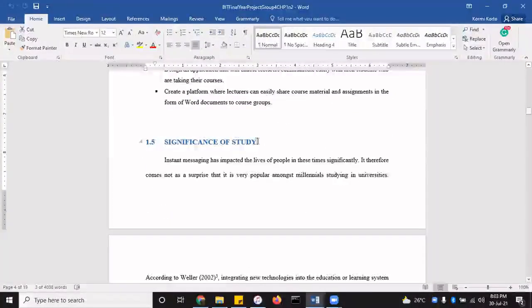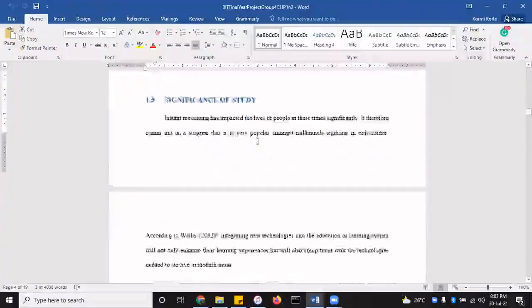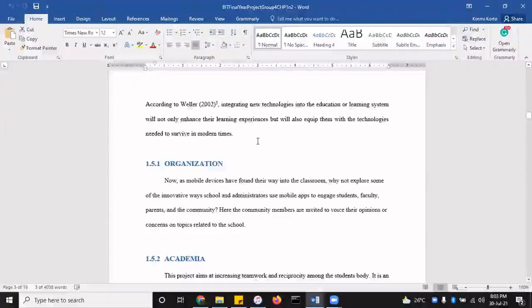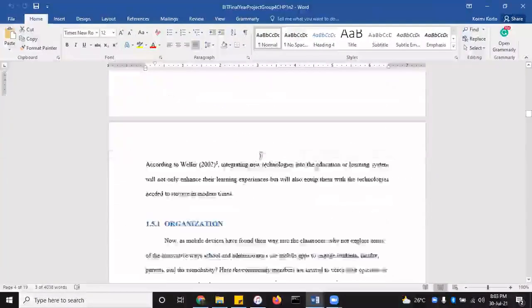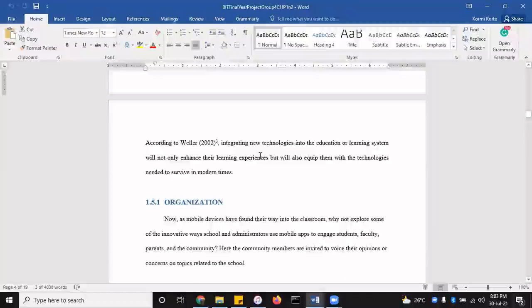Significance of study. This is where you talk about the various stakeholders that are going to benefit from your system's implementation. One of them is the organization, the beneficiary of the system. In this case, GTUC. They're the ones going to benefit, with students and lecturers forming key stakeholders underneath it.